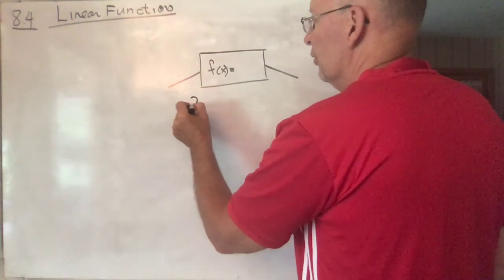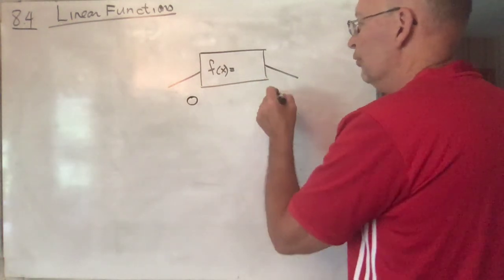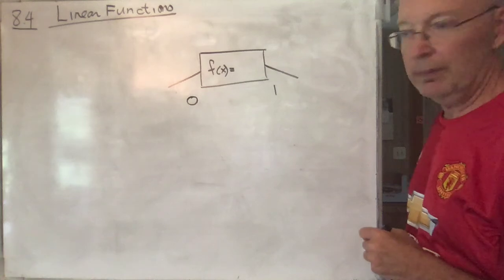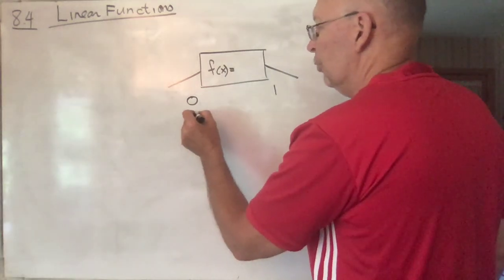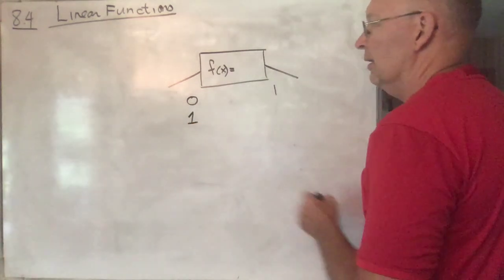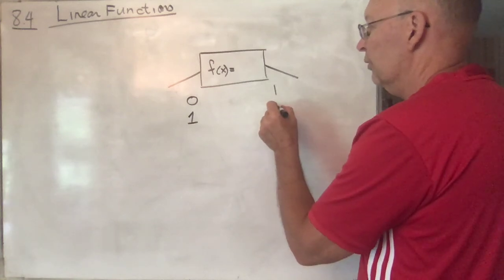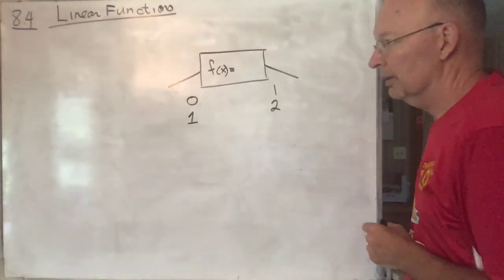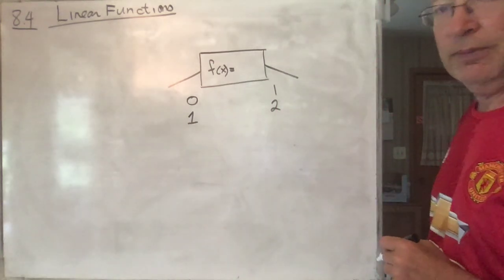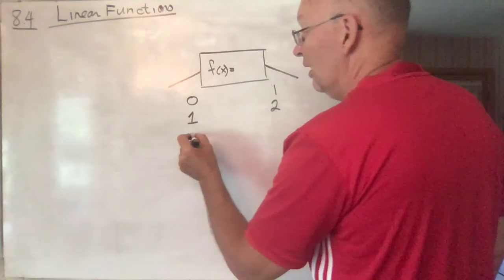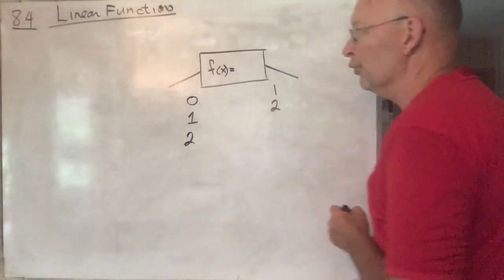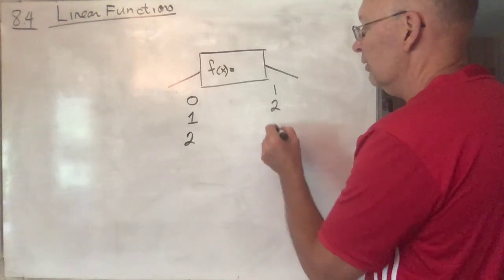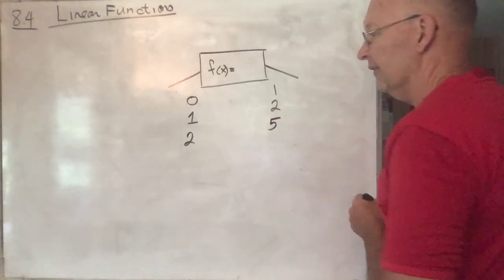If you put in a 0, the function whirls around and spits out a 1. If you put in a 1, it does something to it and spits out a 2. Okay? Do you know what function I'm talking about? If you put in a 2, it whirls around and spits out a 5.